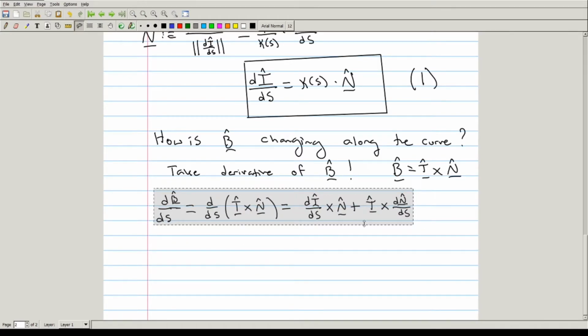And using what we know, you already know what this is going to be, because dt hat/ds, the derivative of the unit tangent vector with respect to arc length, is really just the definition of kappa, the curvature, times the normal vector, cross product with the normal vector. So this first term right here is going to be 0.